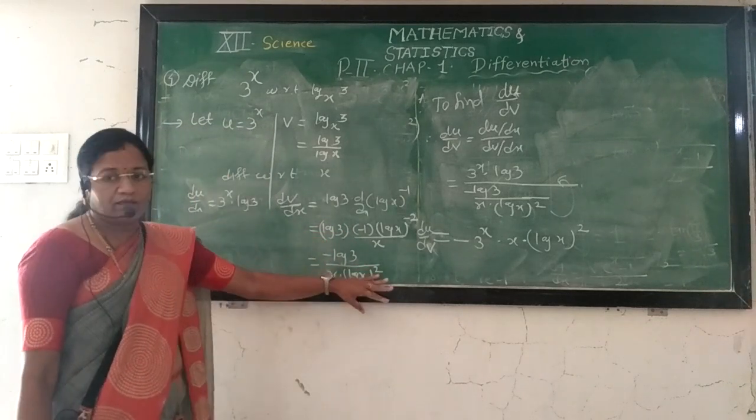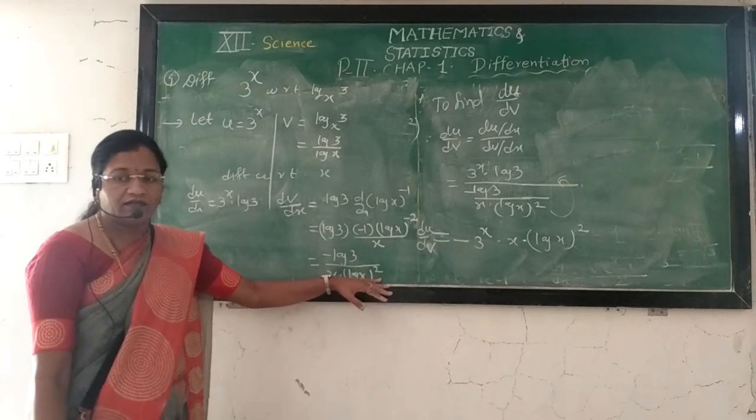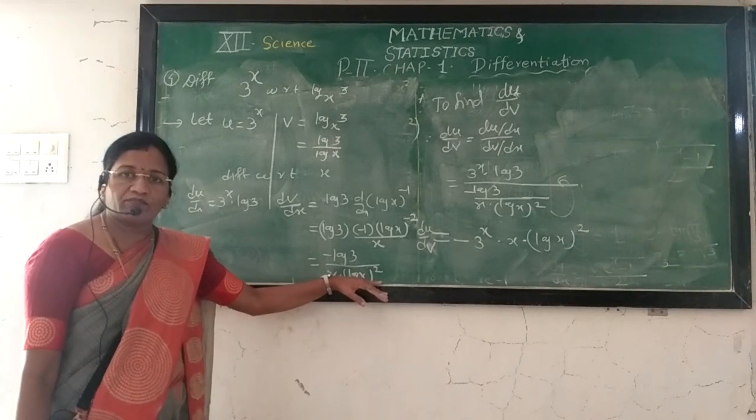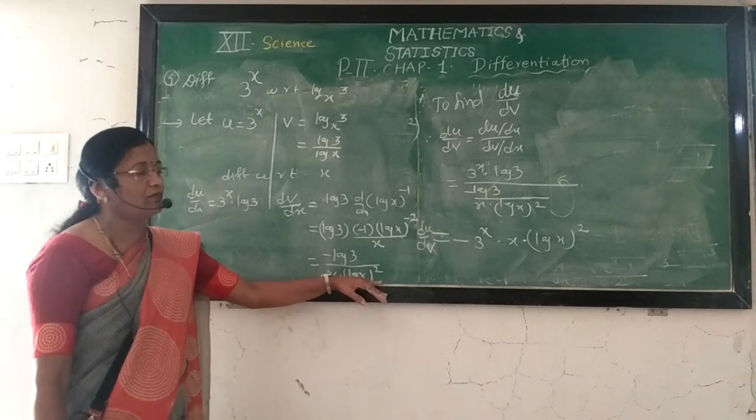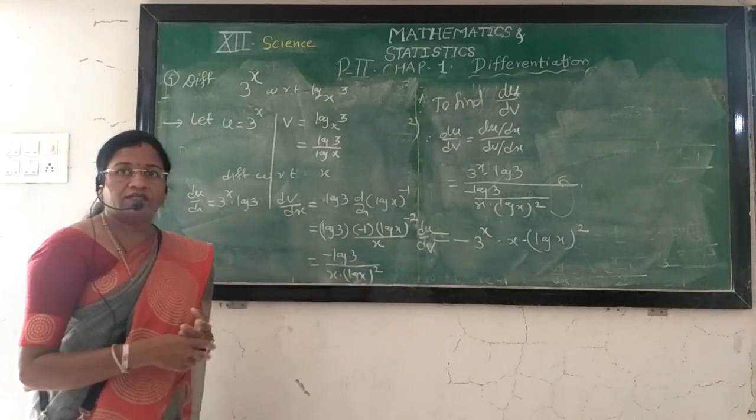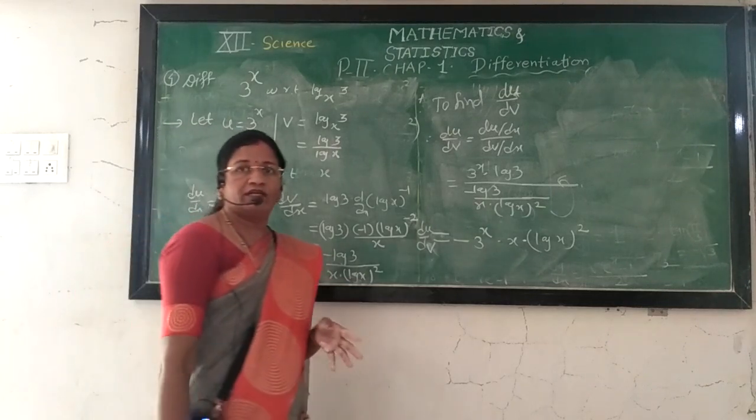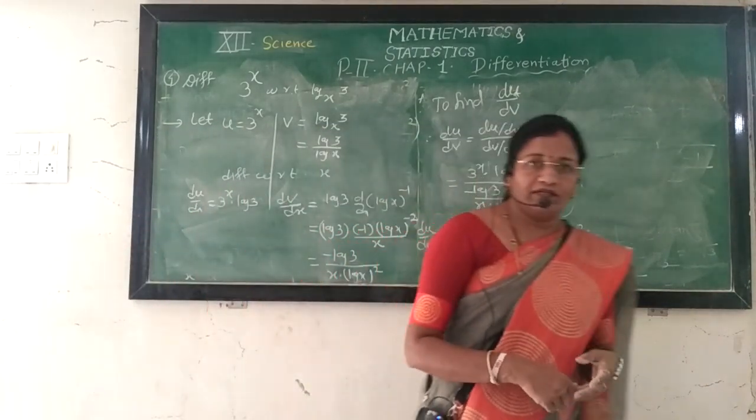In some examples a substitution is given and we find it by using standard trigonometry results, like cos 2 theta, tan 2 theta, and with the help of this we find the derivative.